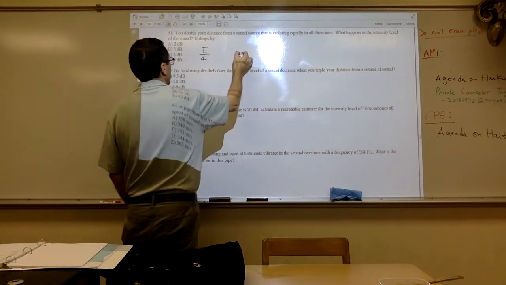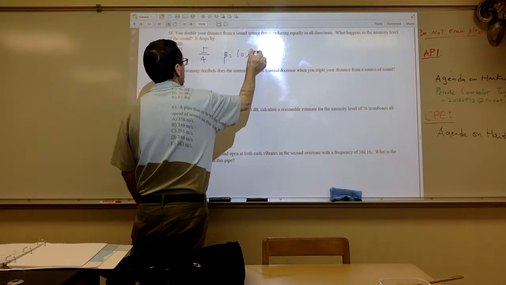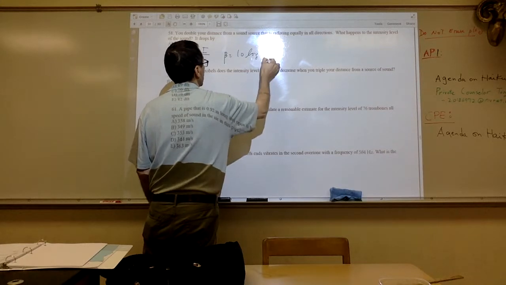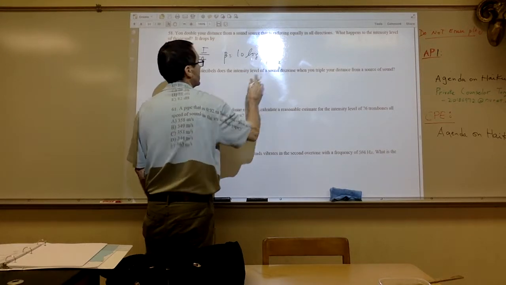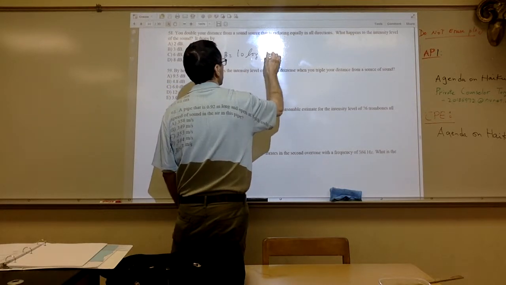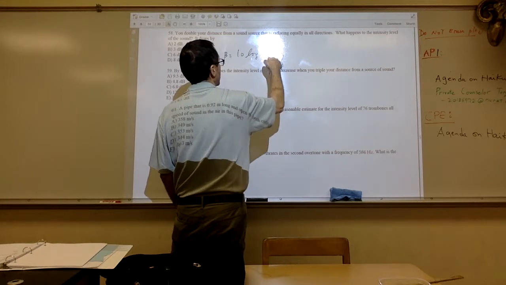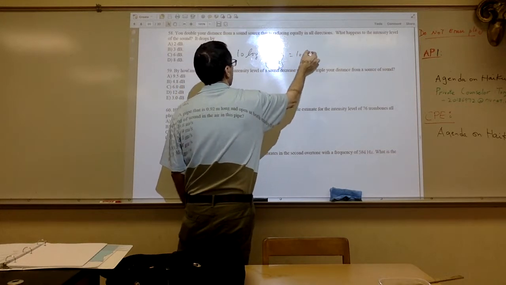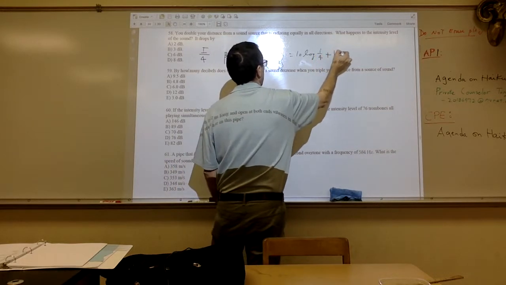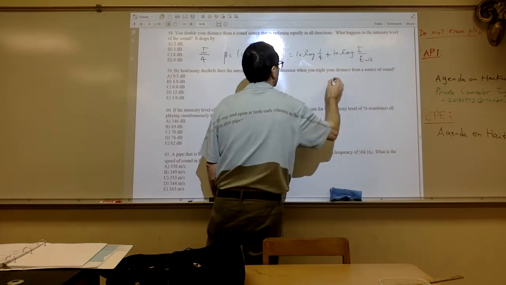Right? So I can do, the new beta is 10 log of I over 4 over 10 to the negative 12. I can separate the 1/4 from this other stuff. So it's going to be 10 log of 1/4 plus 10 log of I over 10 to the negative 12.